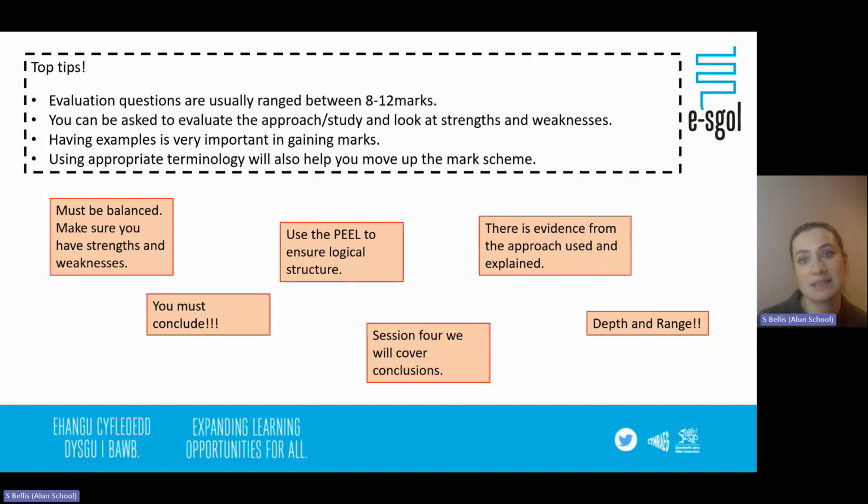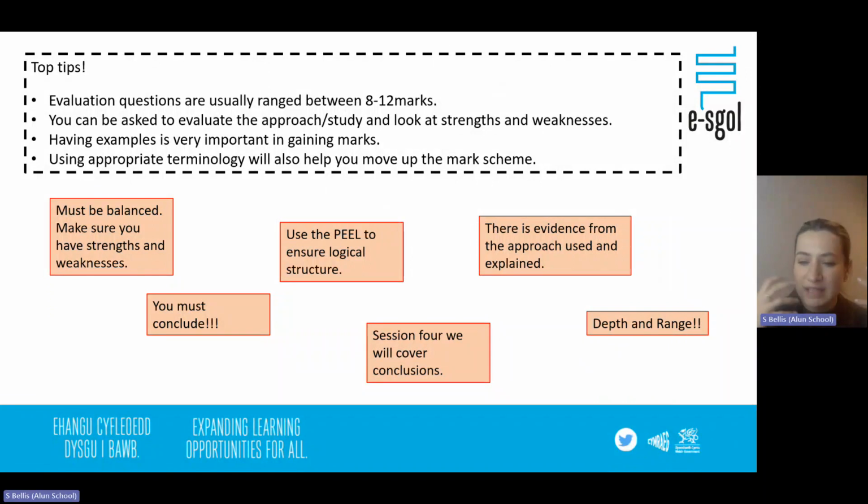So for depth, it's adding detail. For range, it's making sure that you don't use quite simple evaluation points. For example, one evaluation point is that it's got a gender bias because there are more men than women. And then you can't really say another evaluation point is that it's age bias because the mean age was this.